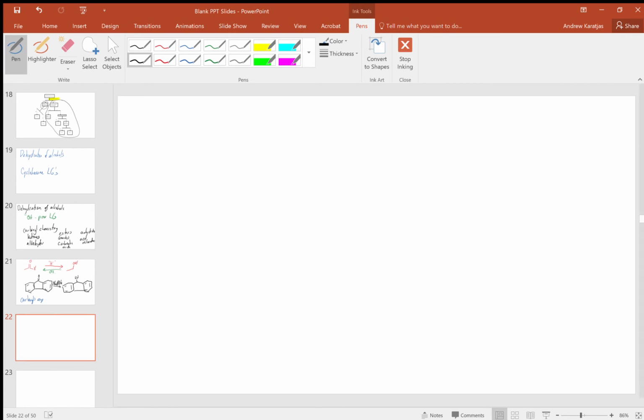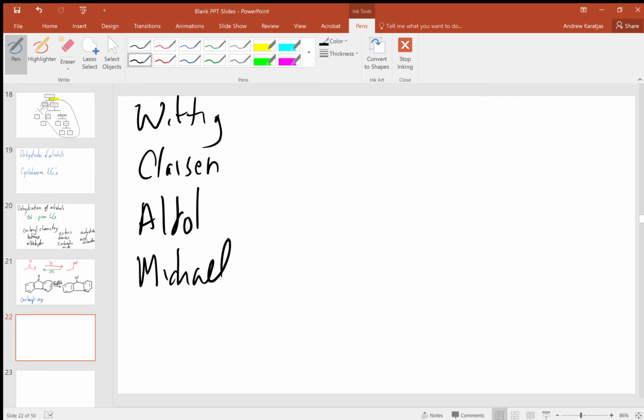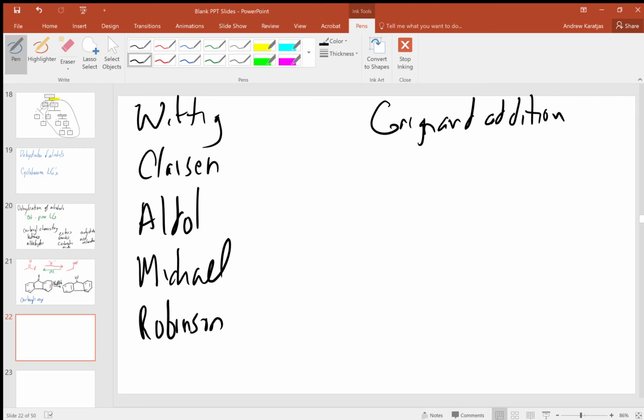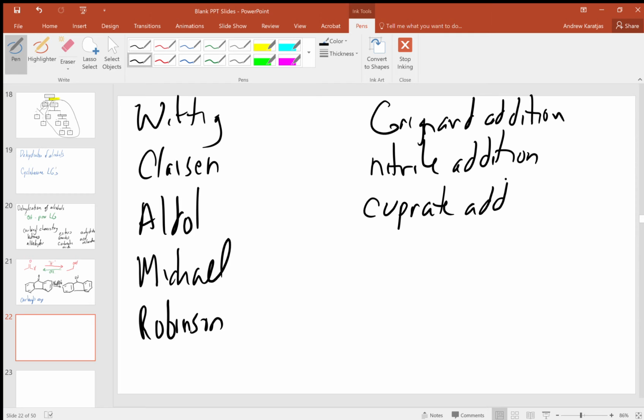But when it comes to carbonyls, just off the top of my head, here's 9 examples of carbonyl reactions that let us form new carbon-carbon bonds.